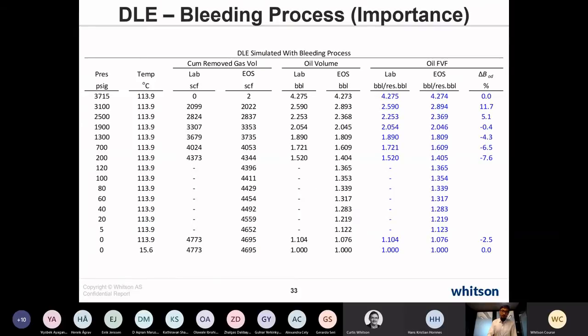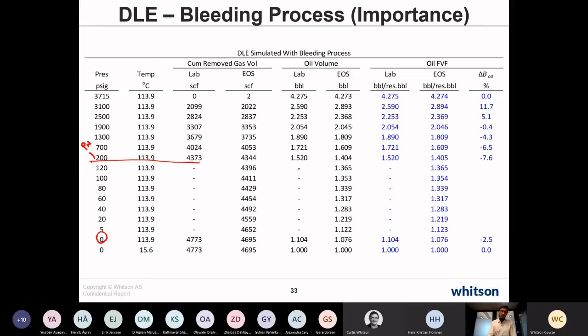What we have done here, that's the next to last stage, our PN in the DLE test, and then we have added artificially more stages until we reach the atmospheric condition.